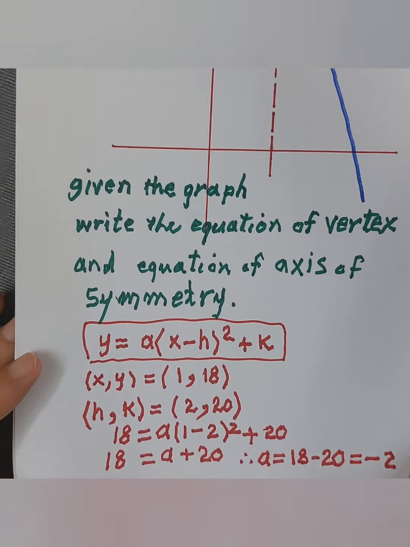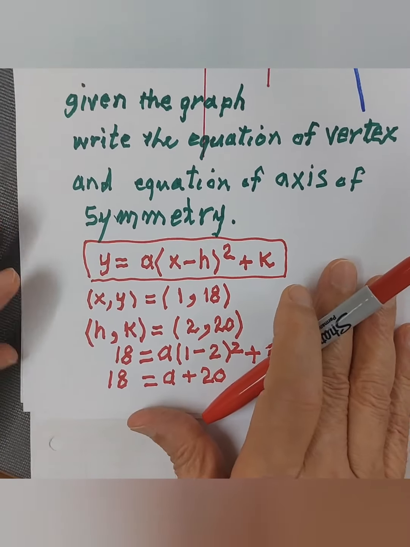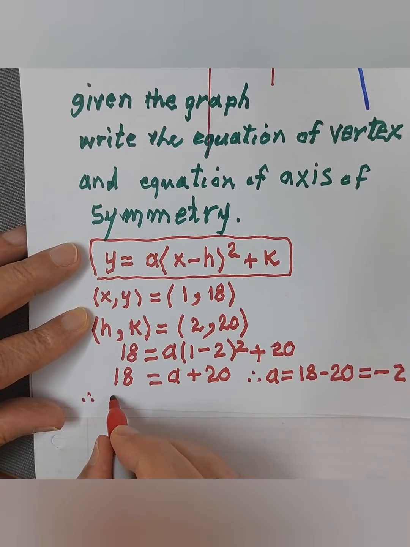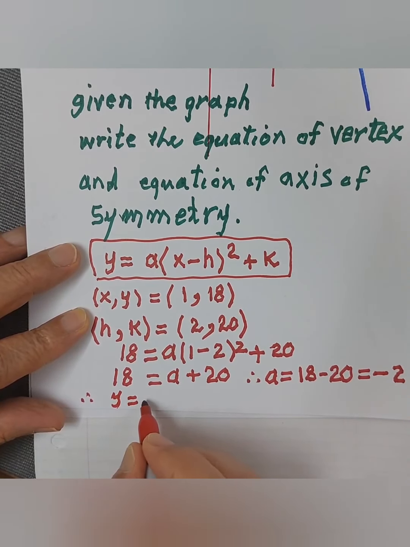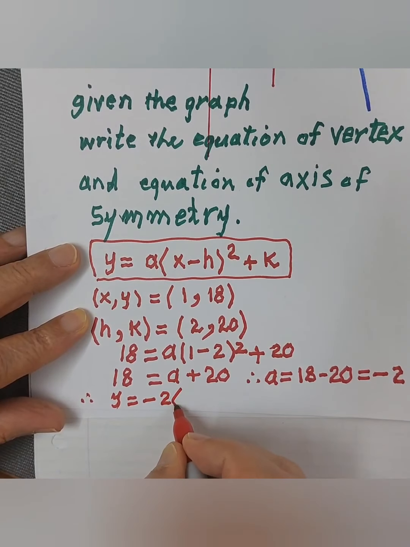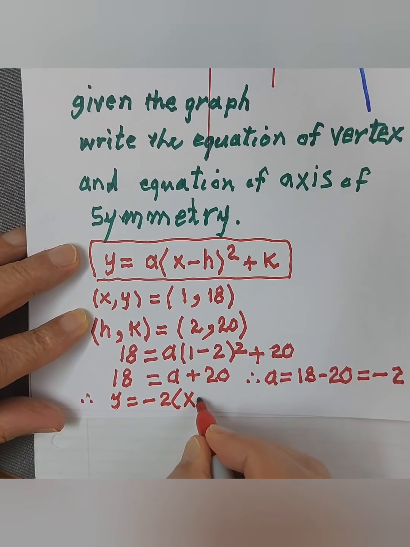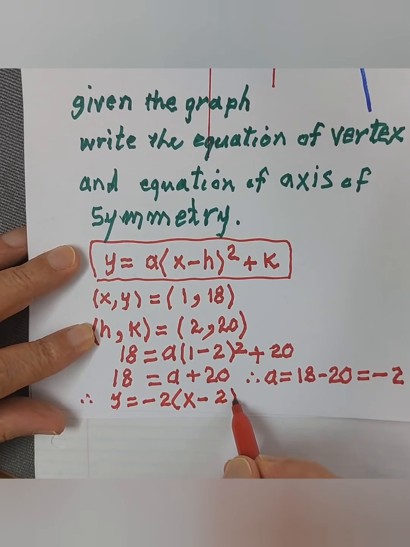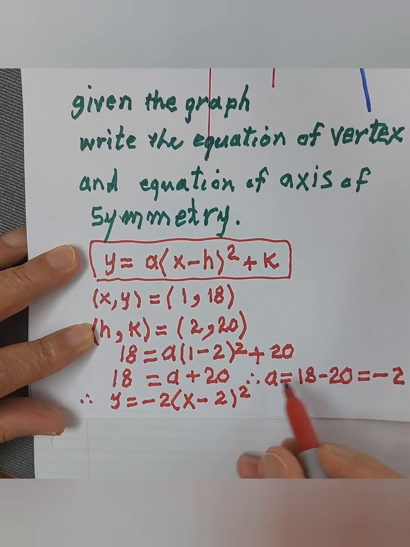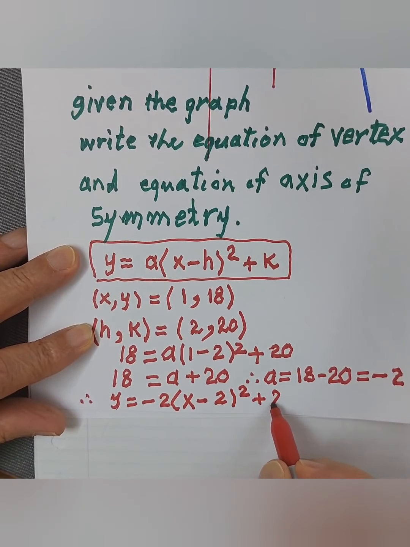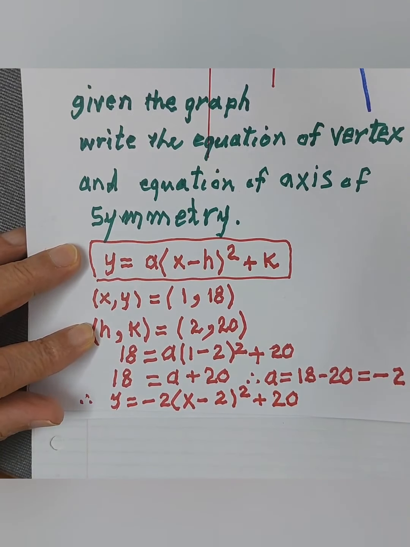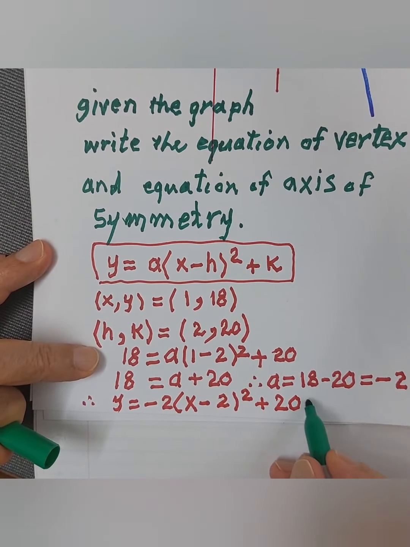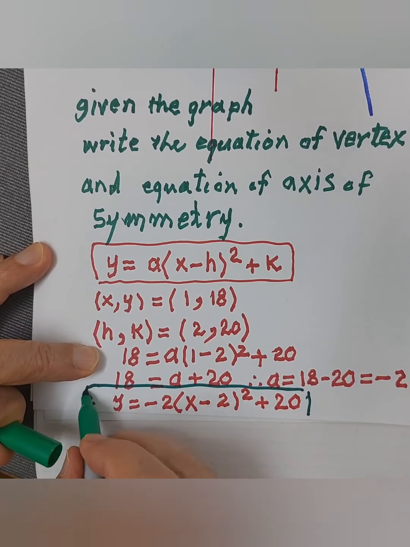So we will get this answer. y equals minus 2 times (x minus h, which is the same point, 2) squared plus 20. And this is the equation they wanted me to write. Okay? It is the equation of the graph they gave me.